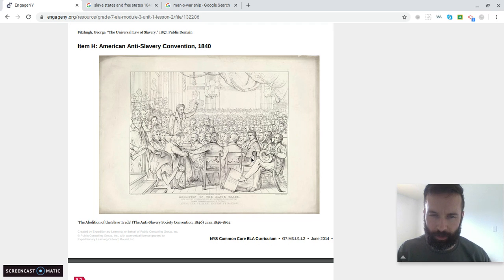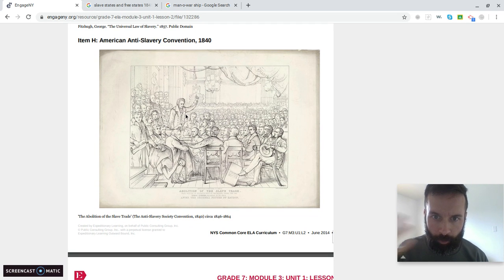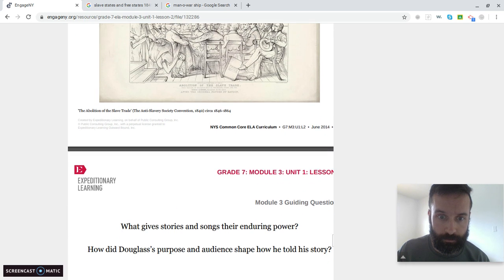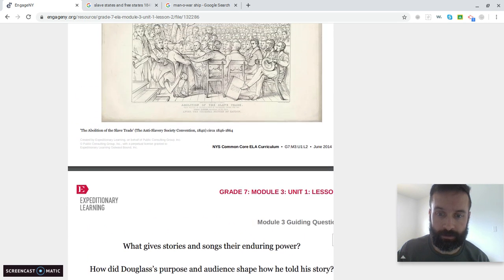I don't necessarily recognize any of the faces in there, but you can see there is one man orating. He's talking to this crowd of people, presumably the majority of them white, because that was the majority of the abolitionists in the North. And that's it.